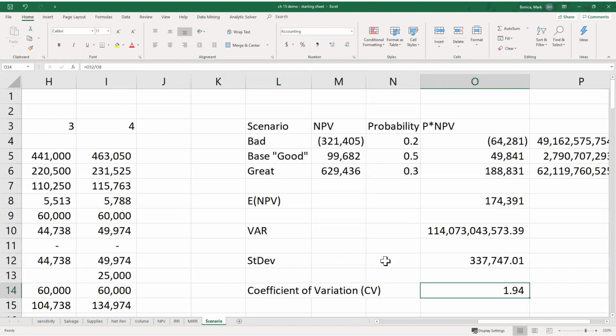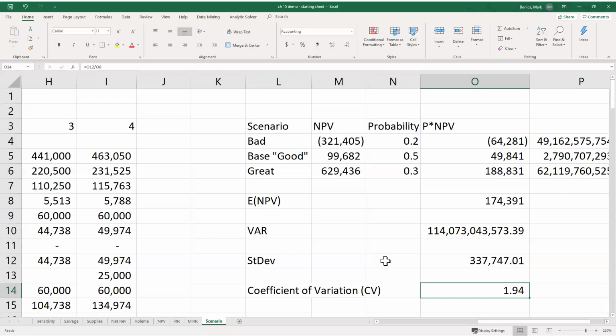So the bigger the coefficient of variation is, the riskier the project is. So with a coefficient of variation of 1.94, maybe the average coefficient of variation for this company is, say, 1, right? And this project comes in with a coefficient of variation of 1.94. Is this project more risky or less risky than the average project for this company?